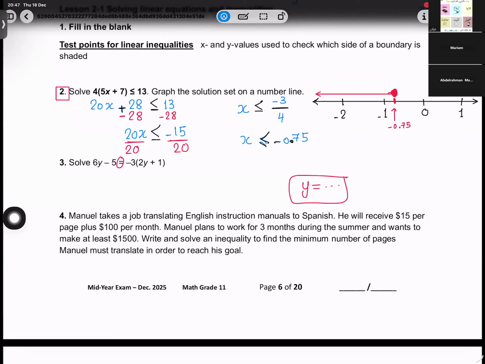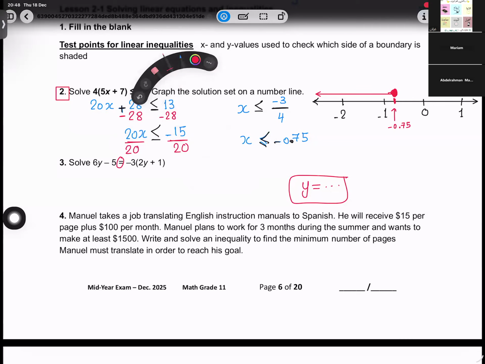So here you do the same thing with the 3. Expand, multiply. So it becomes negative 6y and negative 3. Excellent.